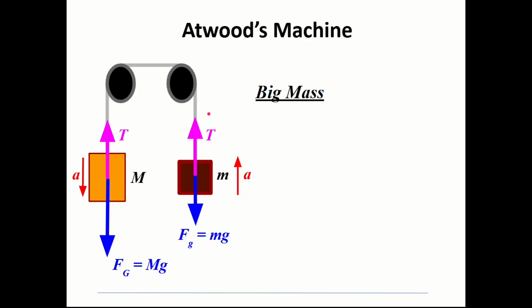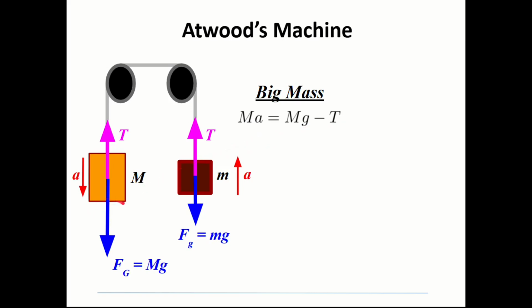So let's use Newton's second law to write the mass times acceleration equations for the big mass and the small mass. For the big mass, we have big M times A, the acceleration, is equal to our weight, capital Mg, minus the tension.